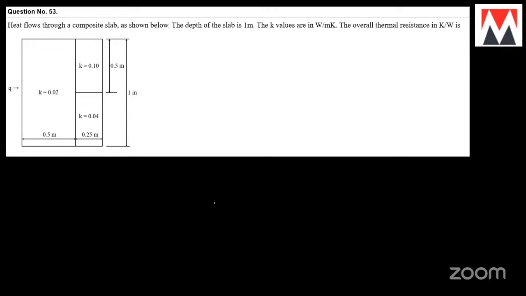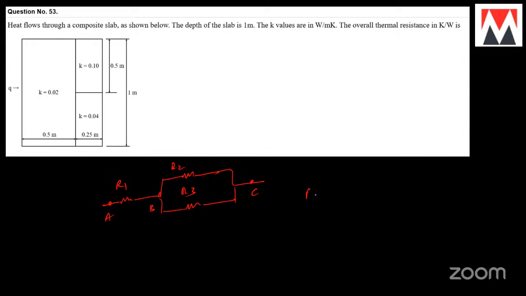So you have the overall thermal resistance in Kelvin per watt. So we'll see you have this conductivity plus this resistance plus this resistance between C and A. I can take this as A part, B part, and C part outside. So what are the thermal resistances? We'll calculate. This is R1, this is R2, this is R3.